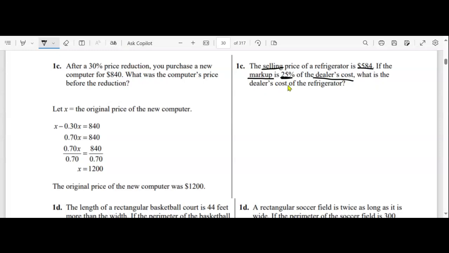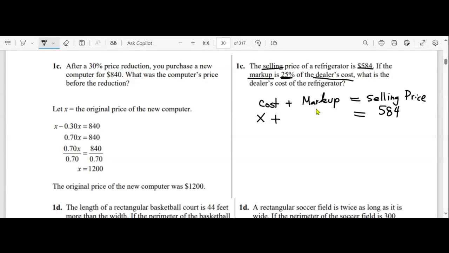What is the dealer cost of the refrigerator? So we have the cost plus markup equals what? The selling price. How much is the selling price? 584. Do you know how much the cost is?